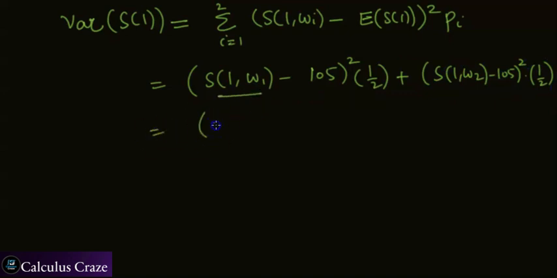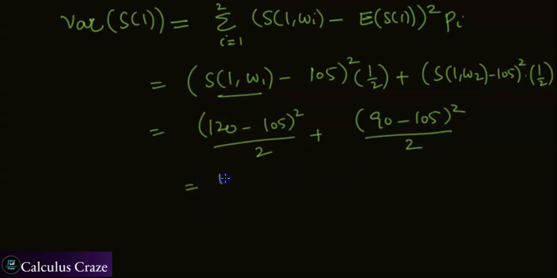So I will substitute 120 here: 120 minus 105 squared divided by 2, plus 90 minus 105 squared divided by 2. So this is going to be 15 squared by 2 plus 15 squared by 2, which at the end of the day is 15 squared, which is 225 if I'm not wrong, right?